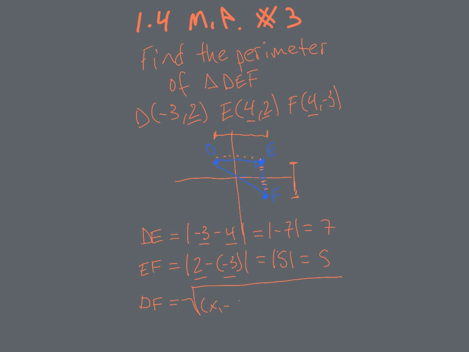So that's the square root of x sub 1 minus x sub 2 squared plus y sub 1 minus y sub 2 squared. Let's see, and that's going to be -3 minus 4 squared plus 2 minus -3 squared.